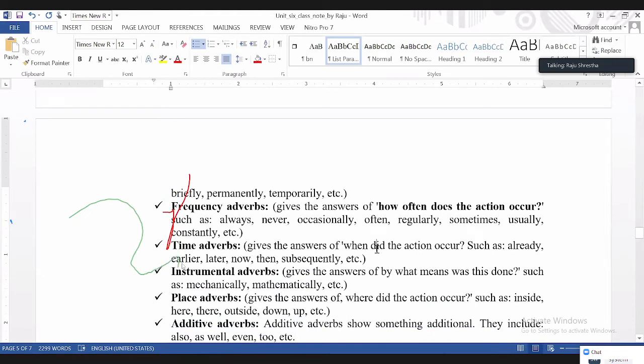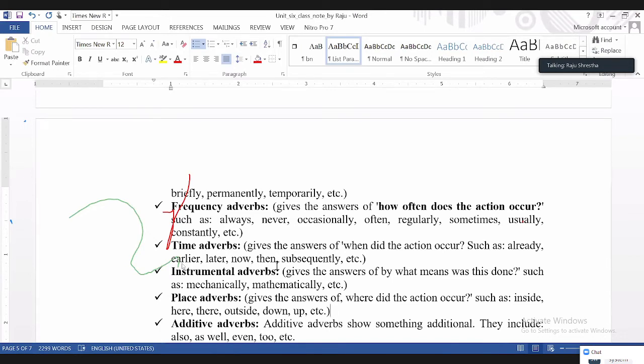Time adverbs, so this is what: already, earlier, later, now, then, subsequently. Instrumental adverbs, like mathematically, mechanically. So it gives the answer of by what means this was done. How was it done? Mechanically, mathematically, scientifically, we did this. Place adverbs: upside, down, outside, up, inside, here, there.